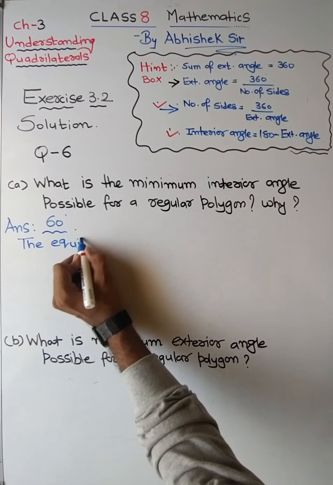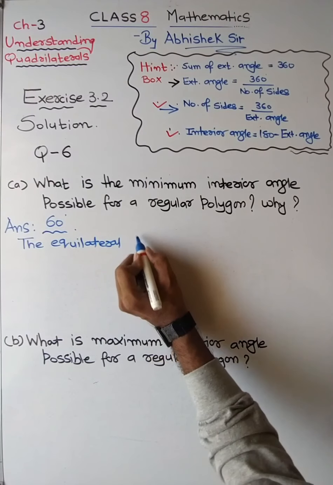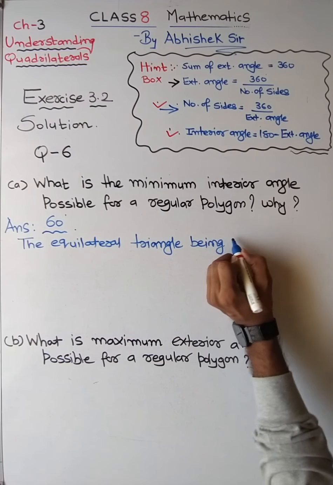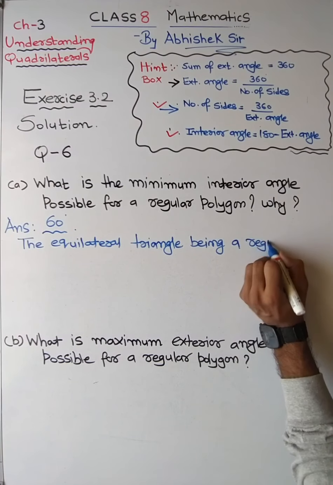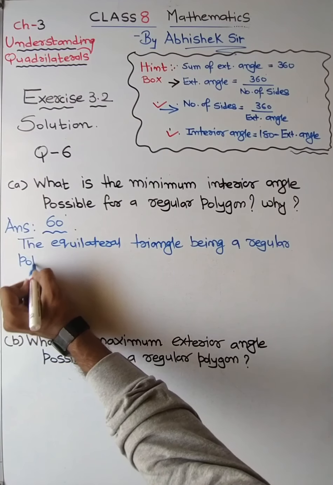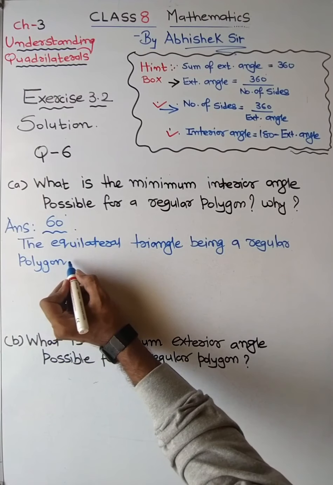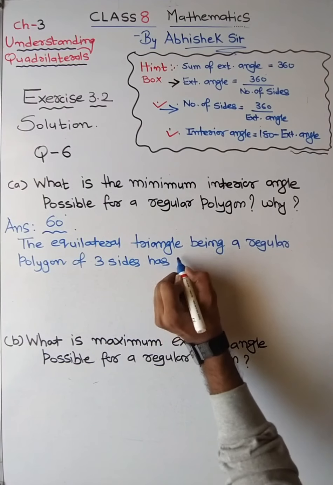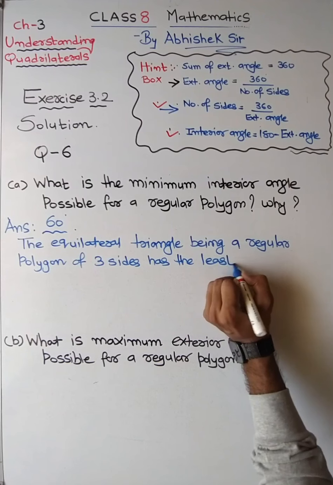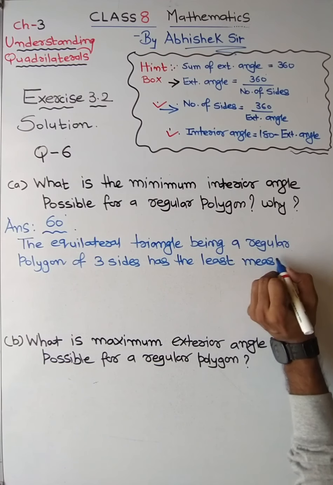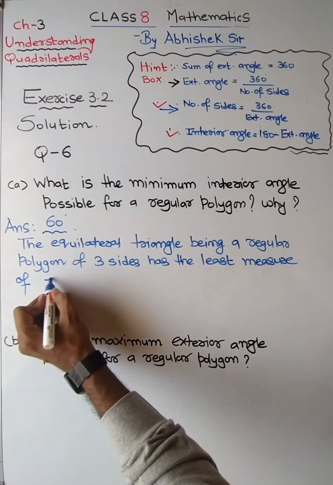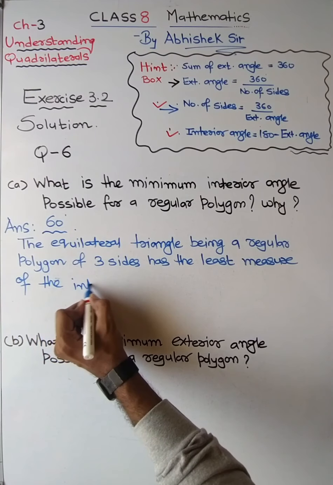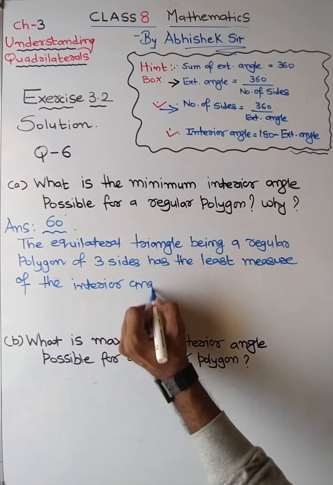The equilateral triangle, being a regular polygon of 3 sides, has the least measure of the interior angle.